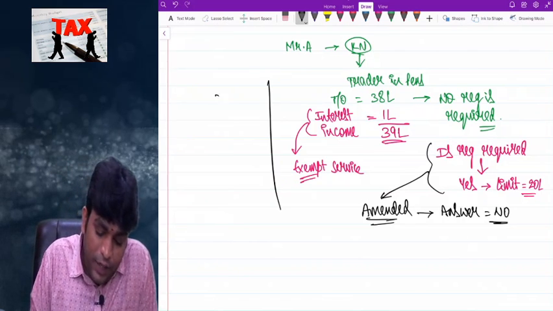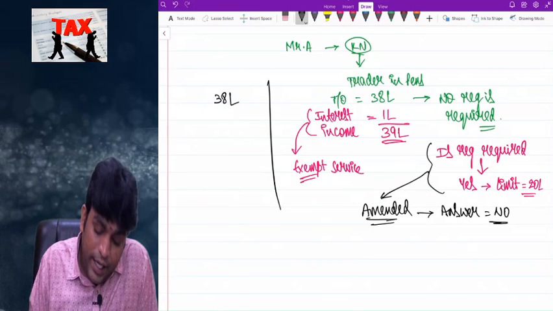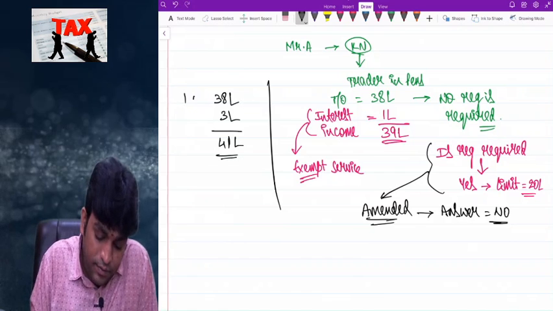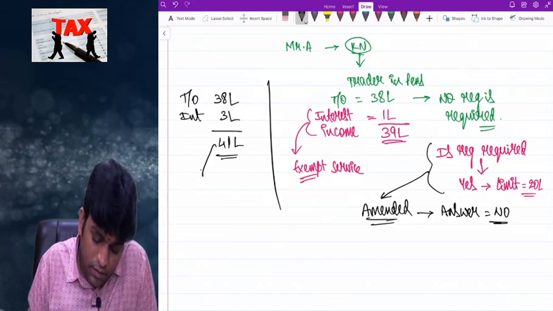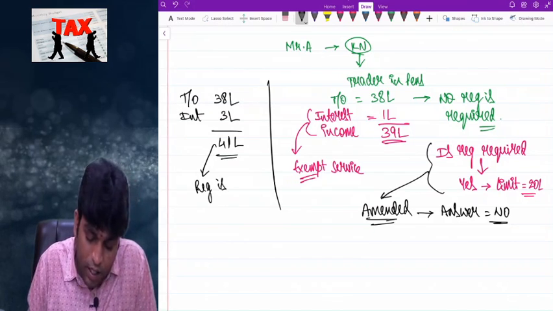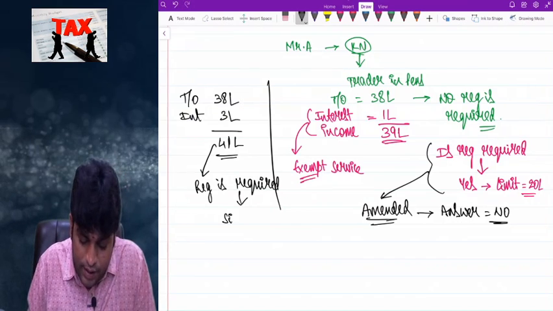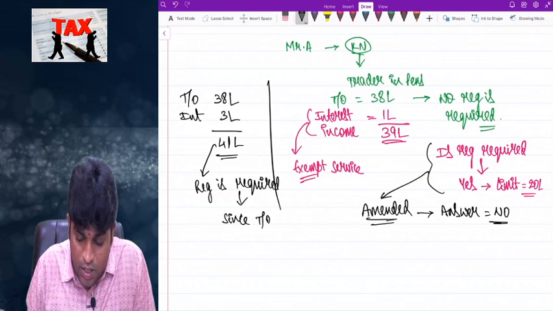If, let us say, 38 lakhs is there and the interest is 3 lakhs, the total becomes 41 lakhs. In that case, registration is required, since turnover is more than 40 lakhs.